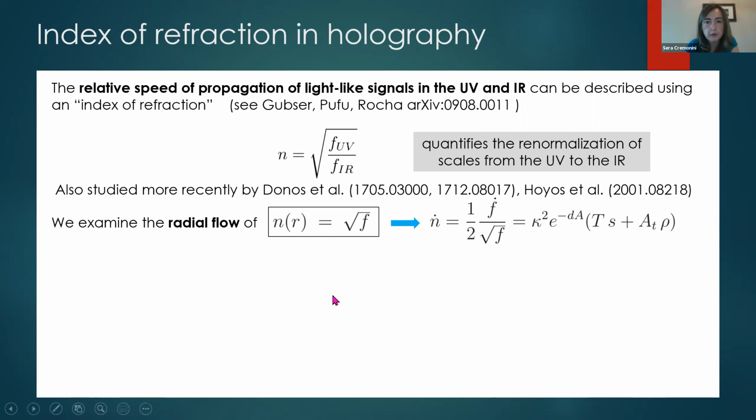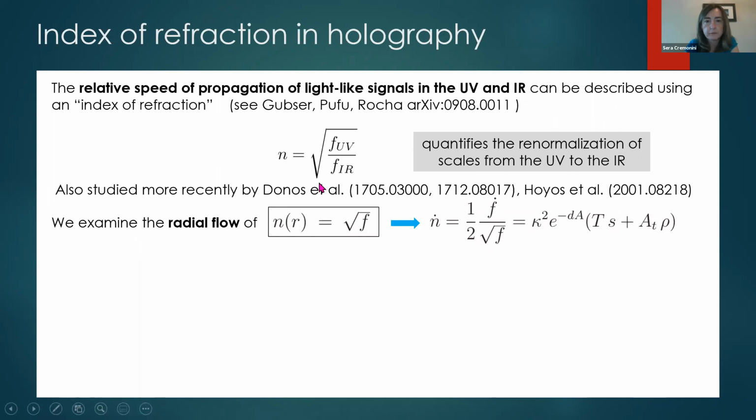As far as I know, and please correct me if I'm wrong, this was introduced first in a paper by Gapser, Bufu, and Rocha, where they introduced it simply as the ratio between the values in the UV and in the IR. Think of it as the relative speed of light in the UV and in the IR. It captures, in some sense, the renormalization of scales as you flow from the UV to the IR.